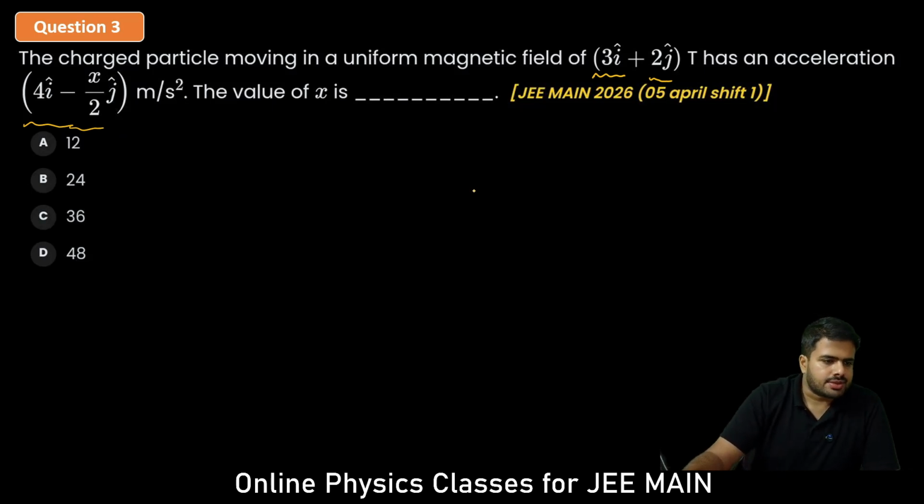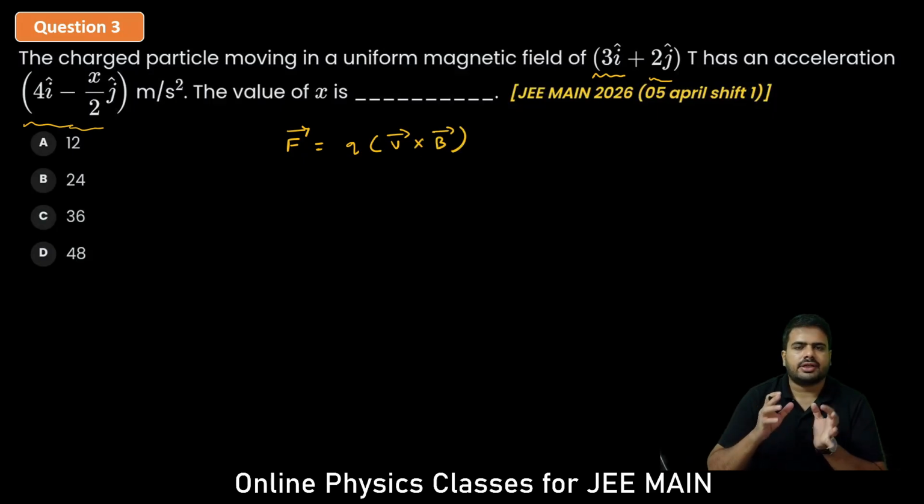Okay. See, it's a very simple one. Here they have given the magnetic field and also the acceleration. So apply the formula. Force, what is the formula? We know force equals q into v vector cross b vector.